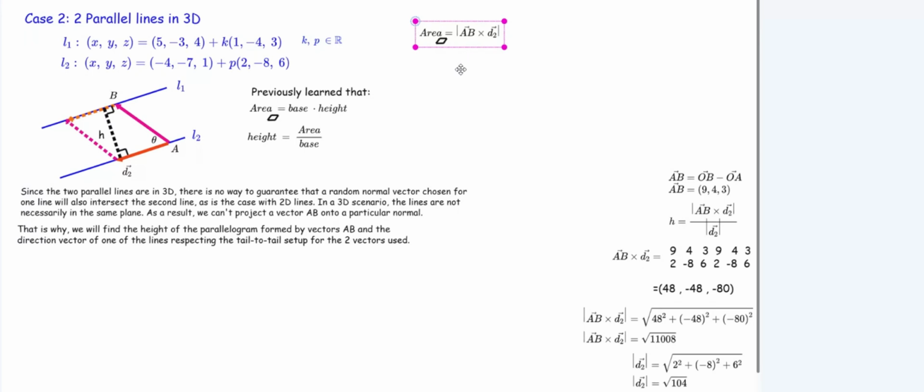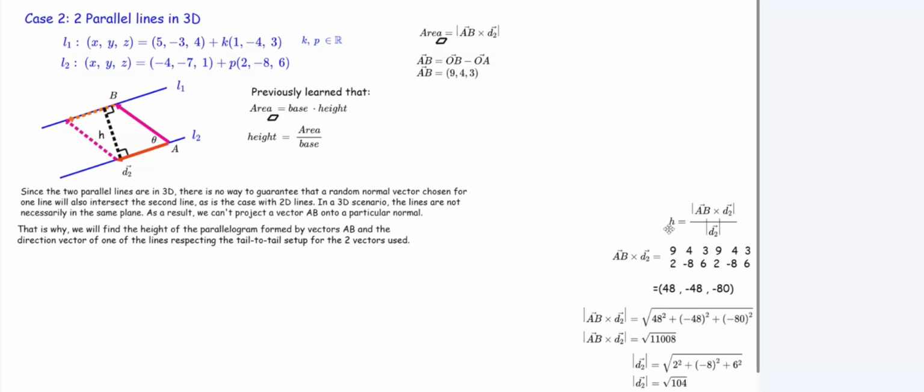And at this stage, all we need to do is determine our vector AB, which is again OB minus OA. We know point B is on line 1, and that is point A. If we do our subtraction of the position vectors, we'll get (9, 4, 3) for AB. And vector D2 is already available for us. It is (2, -8, 6).